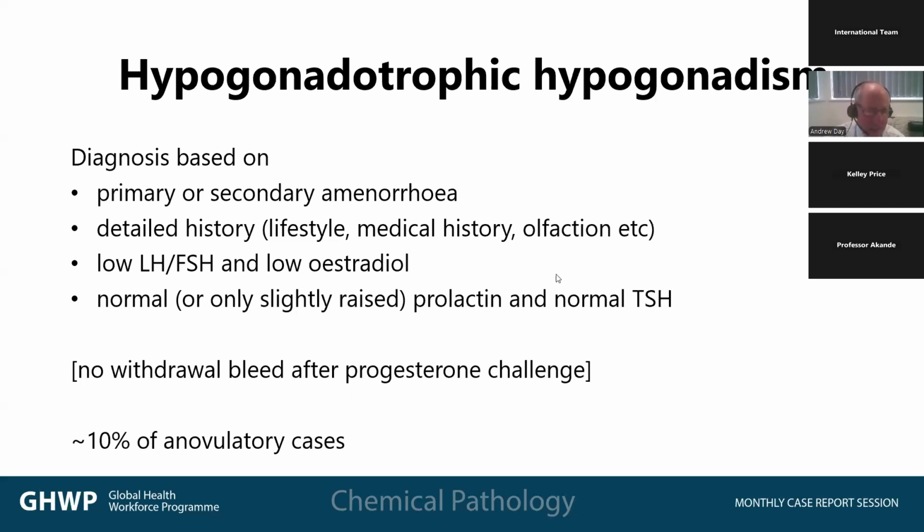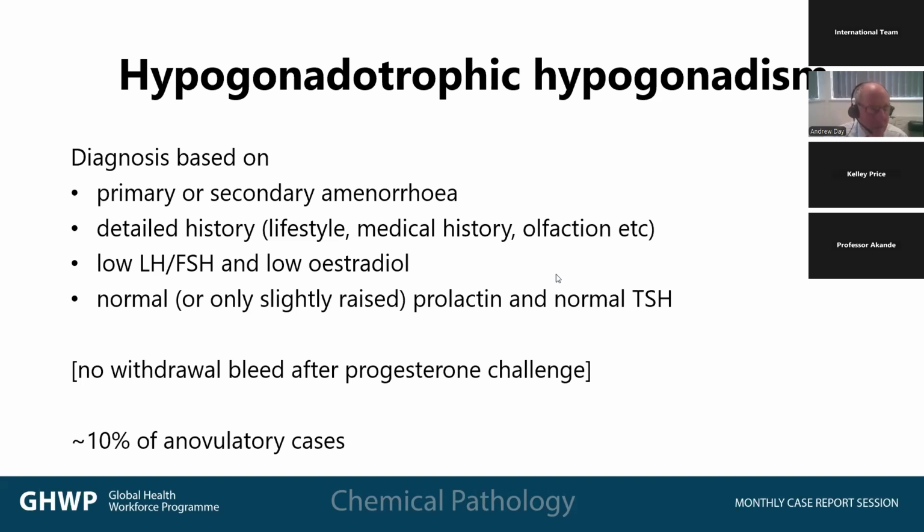And as I've said, prolactin and TSH are indicated here, but they would tend to be normal if it were due to hypogonadotrophic hypogonadism, or perhaps slightly raised if there's a stress response that could put the prolactin up a bit, of course.